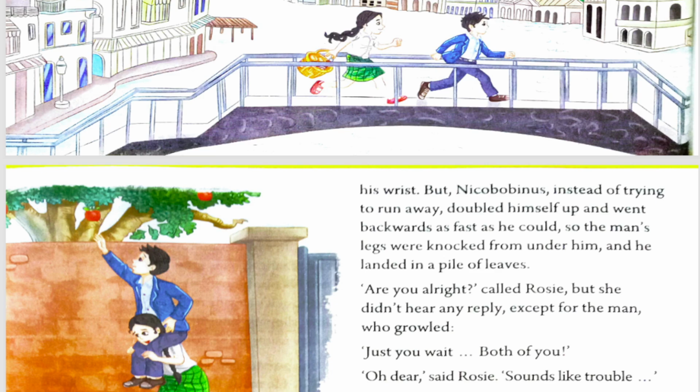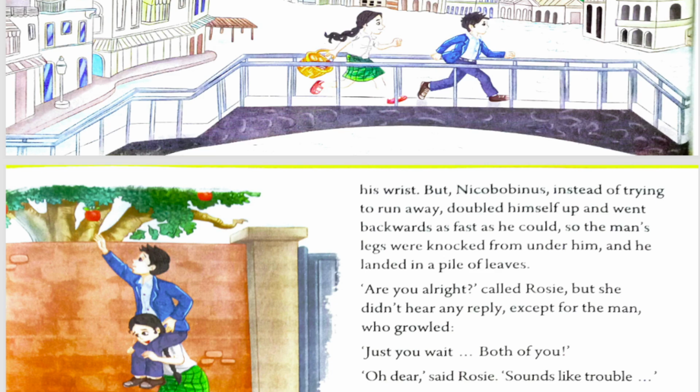Rosie told Nicobobinus to get on her shoulder and take away some apples so that they could eat during their journey to the land of dragons. But here, Nicobobinus lost his balance and fell inside this magnificent garden.